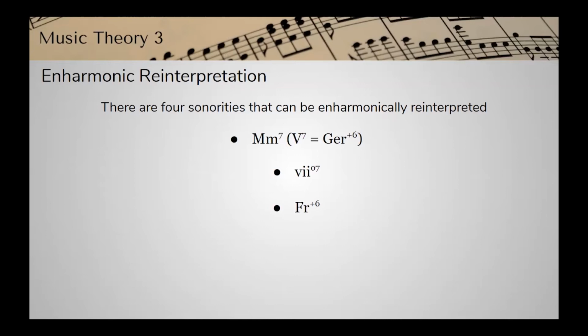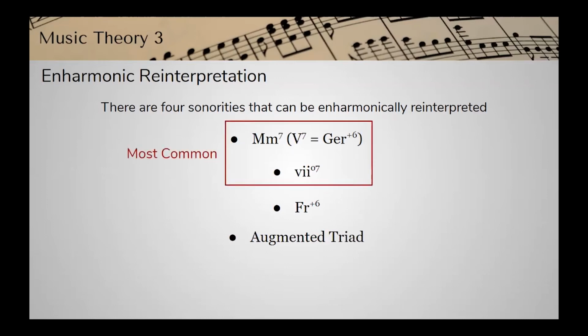Another one is a French augmented 6th chord. And the only other one is the augmented triad. So all 4 of these can be respelled, reinterpreted to be different chords in different keys. And the most common are the major minor 7, which we just talked about, and the fully diminished 7th chord.